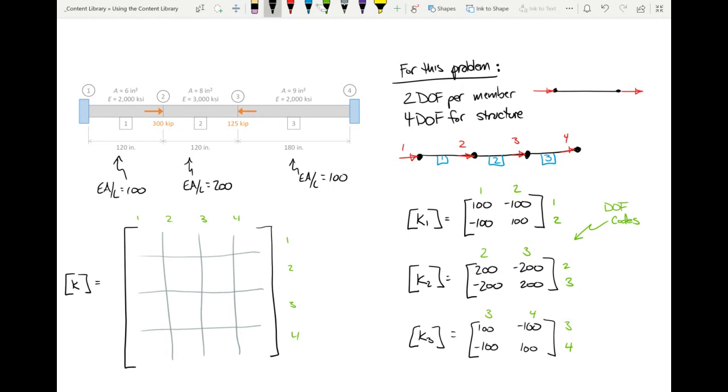But in the x direction, there's only one here, one here, one here, and one here. I'm just thinking about the nodal displacements in the x direction. So the entire system has 4. Does that make sense? Admittedly, for trusses, it's going to get a lot bigger.